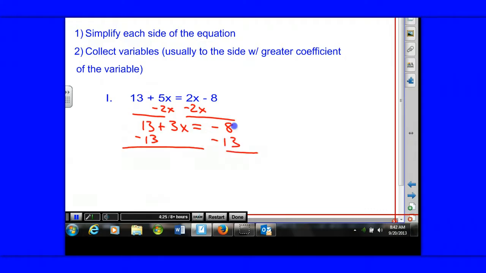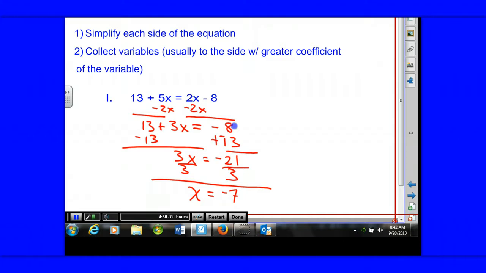Subtracting 13, we have 3x. Now when we're subtracting, you could look at this as adding the opposite, right? We basically have two negatives here. So 13 and 8 give us negative 21. Okay? Now we simply divide by 3. So x equals, don't lose your negative, negative 7.